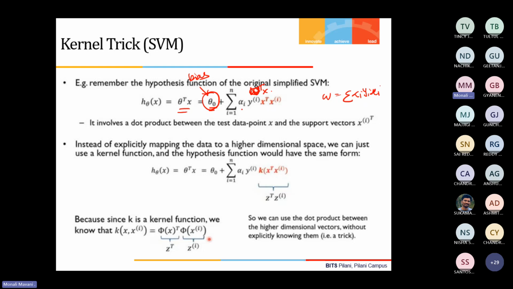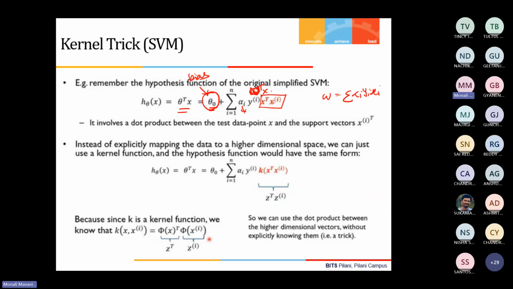This way we write our hypothesis function with the bias term separated, in the form of alphas, which are nothing but the Lagrangian multipliers. And now you see we get this dot product, x transpose x i.